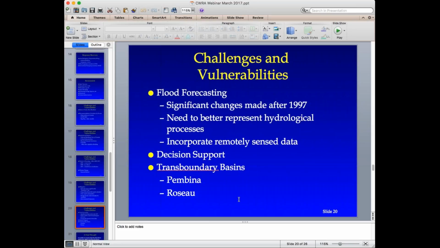But it's a very contentious issue that has gone on for literally generations. The current level of modeling allows that lower Pembina basin to be modeled very, very precisely, and we're hoping that model can lead to some consensus on what the solution to the problem is.